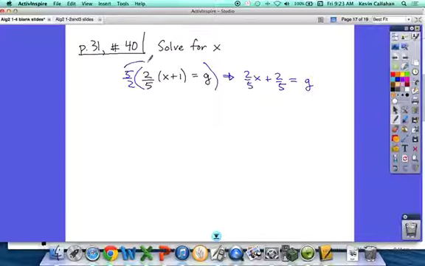Right? When I multiply this term by 5/2, what happens, 5/2 times 2/5? When you multiply a number by its reciprocal, that's the inverse property of multiplication, you get 1. So actually these cancel, and you're just left with x plus 1. And on the right, you've got the 5/2 times g.